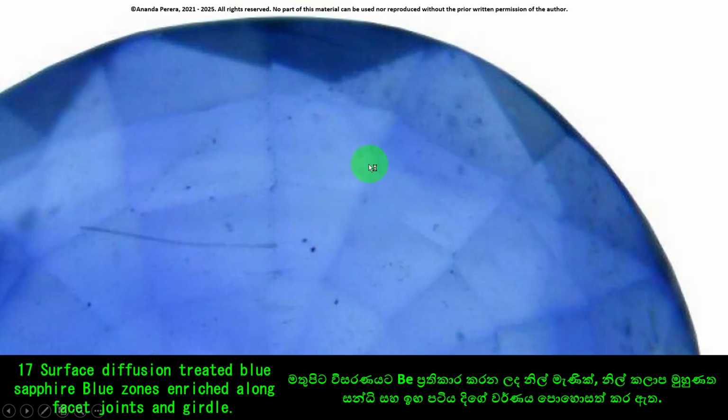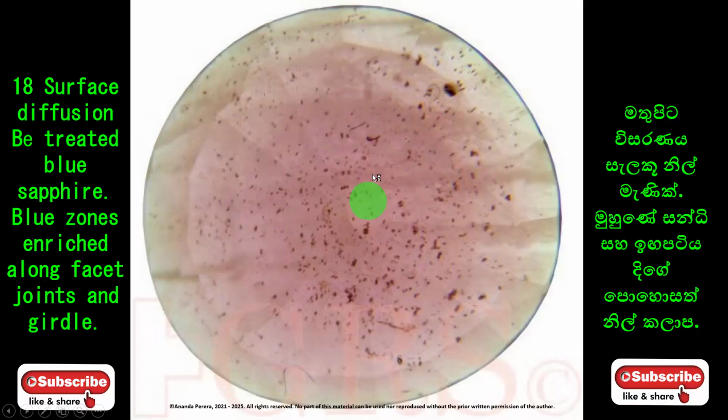Sometimes 3 millimeter, 4 millimeter depth is the area. Surface diffusion. Beryllium treated blue sapphire. Blue zones enriched along facet joints and the girdle. You can see. This is under the immersion, methylene iodide immersion. We can see the inclusions here like this.